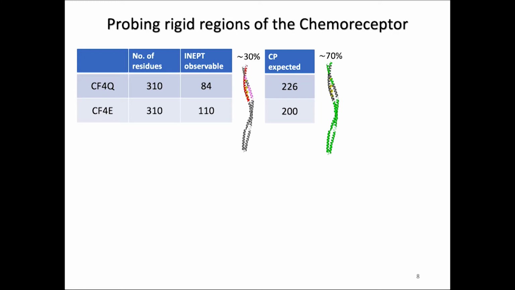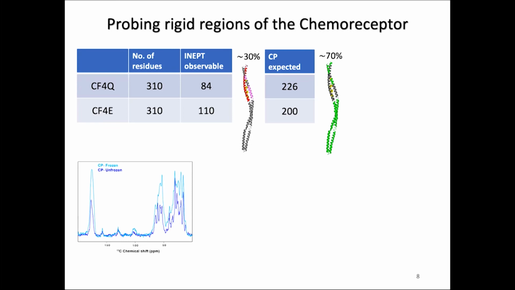When we tried to check the efficiency of the CP signal, we were getting really low signal, and we checked it against a frozen sample where there is no dynamics. And we realized that we only have 40% of the signal, whereas we were expecting around 70% of the signal if we just remove the INEPT visible part. So this could mean two things.